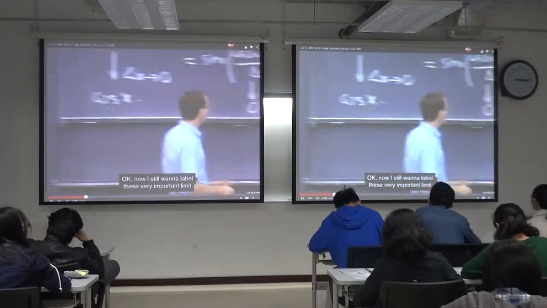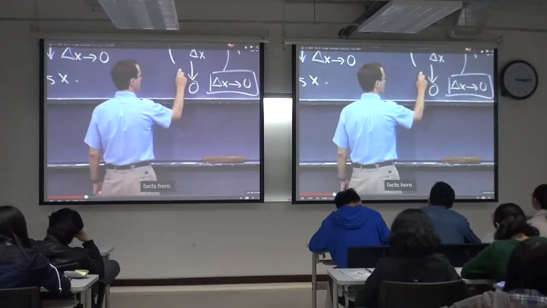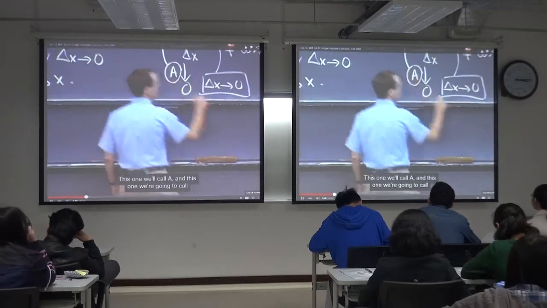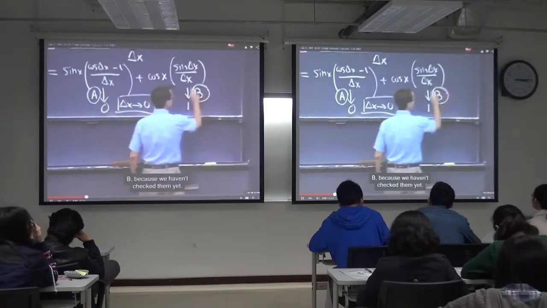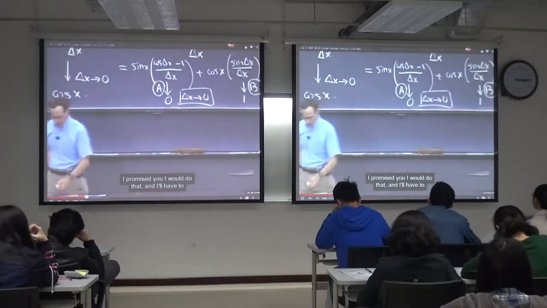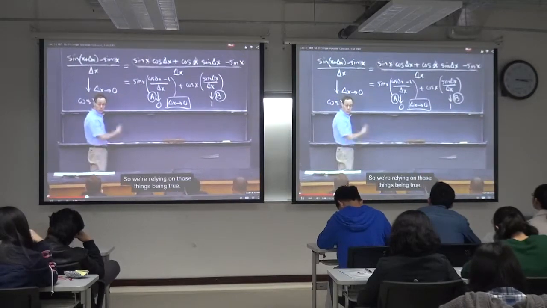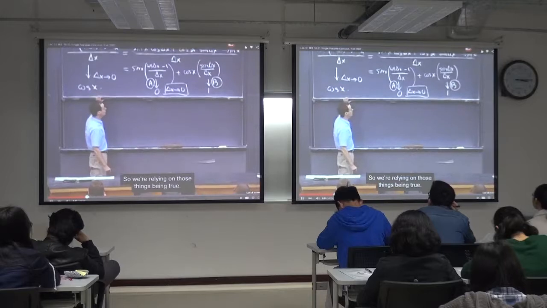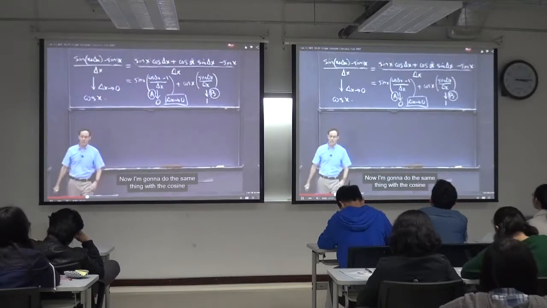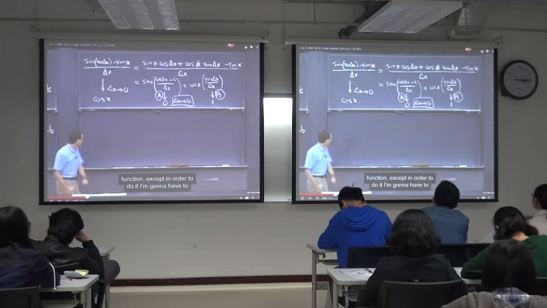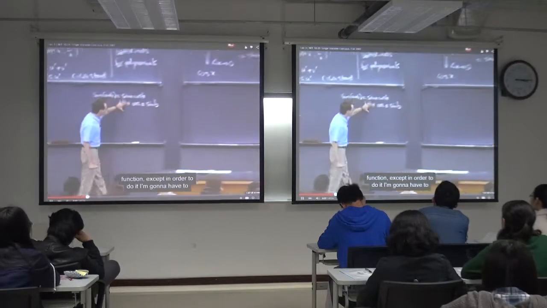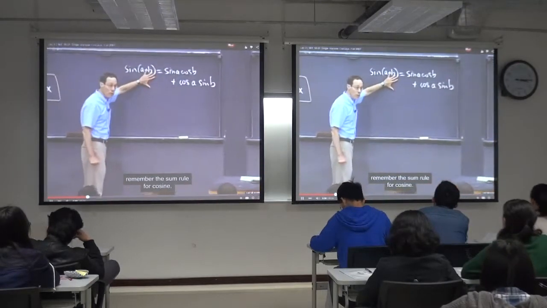Okay, now I still want to label these very important limit facts here. This one we'll call A, and this one we're going to call B, because we haven't checked them yet. I promised you I would do that, and I'll have to do that this time. So we're relying on those things to be true. Now I'm going to do the same thing with the cosine function, except in order to do it, I'm going to have to remember the sum rule for cosine.